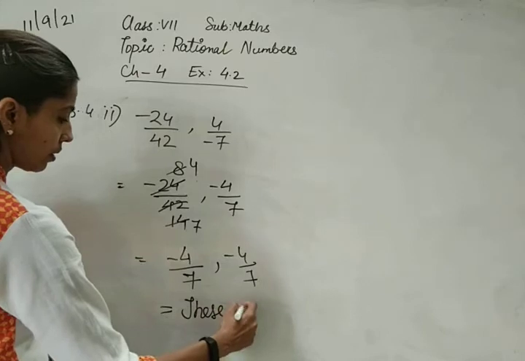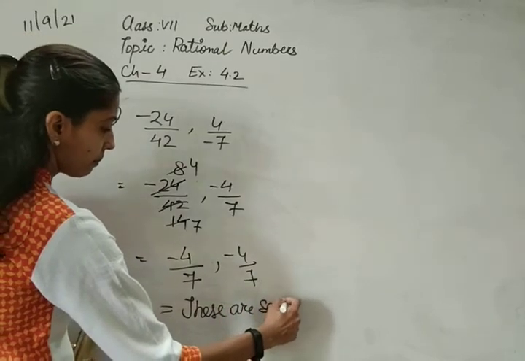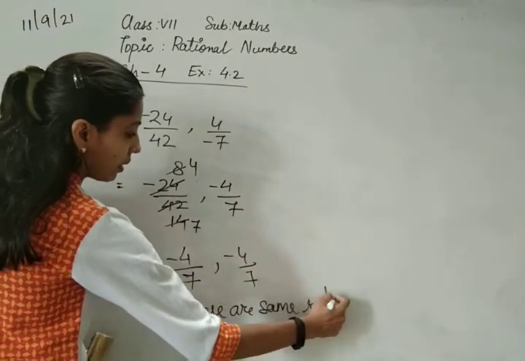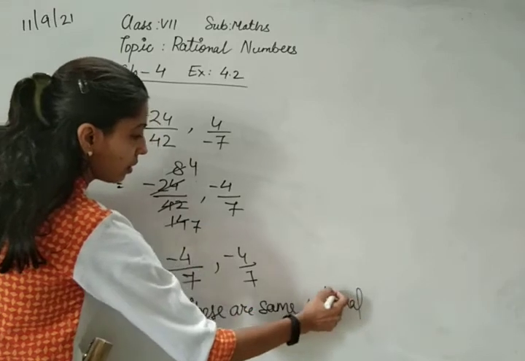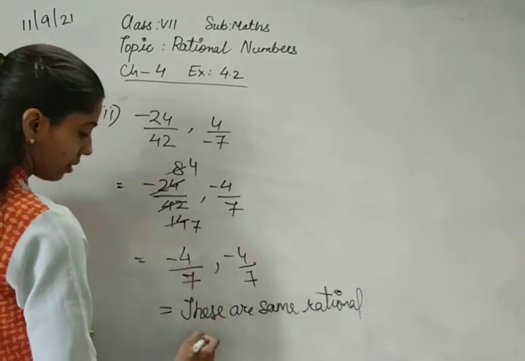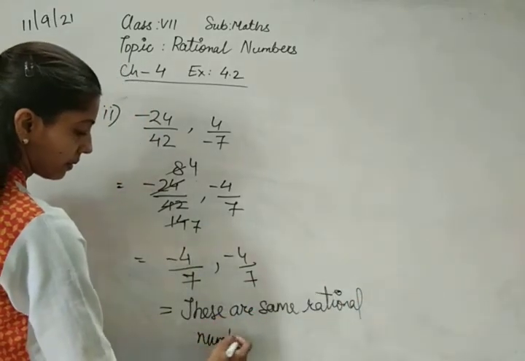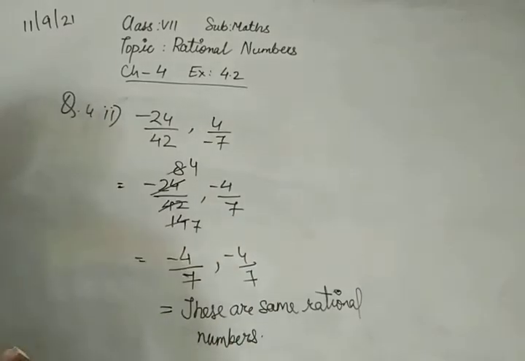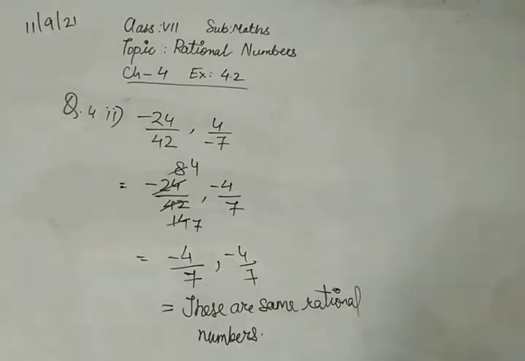These are the same rational numbers. Clear?